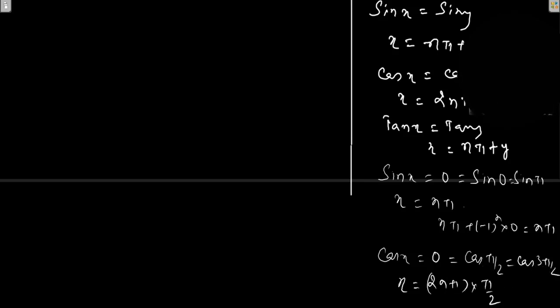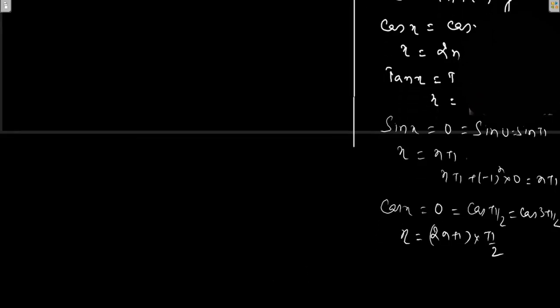Even if you write it as x equals 2n pi plus minus pi by 2, which we have learned, that is also okay, but it's much better to write it in this format than the other one.